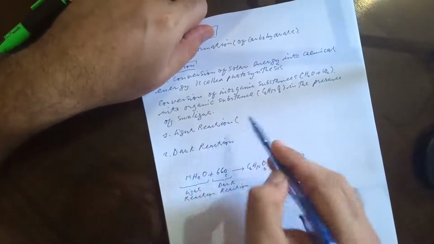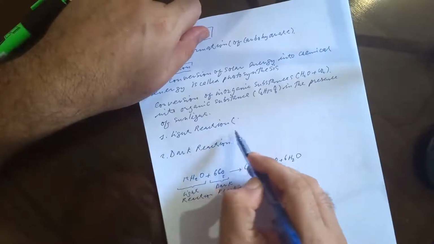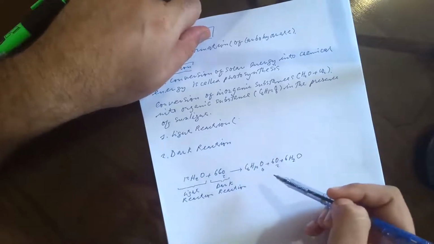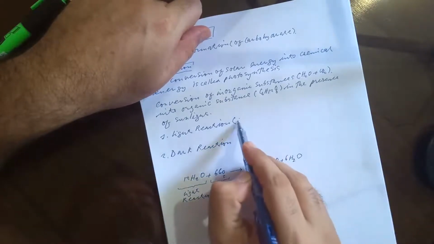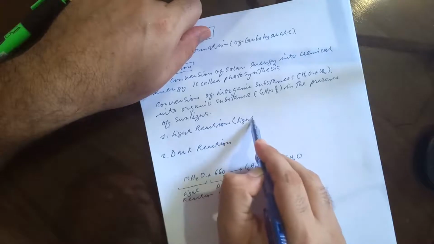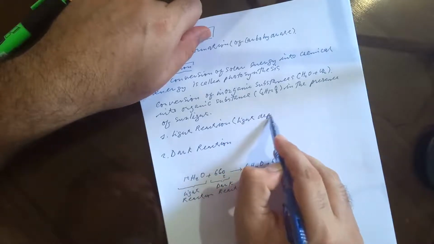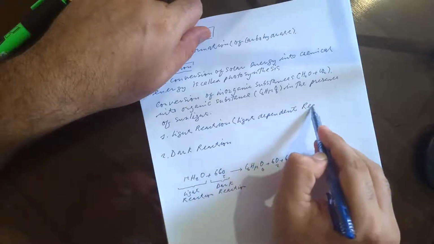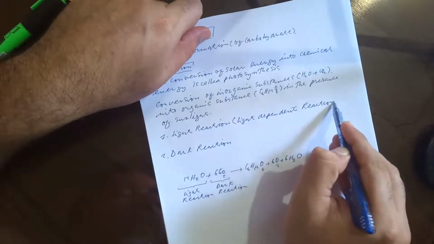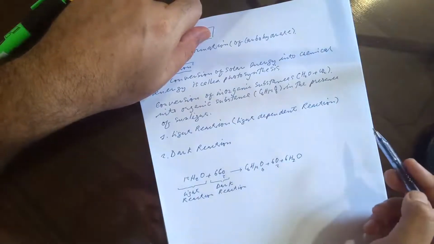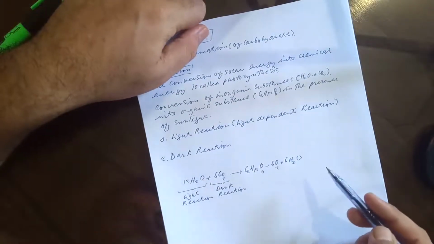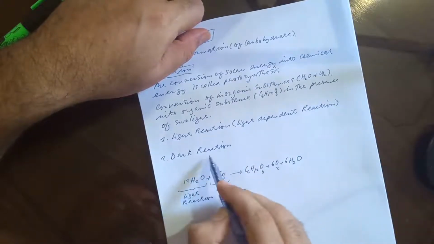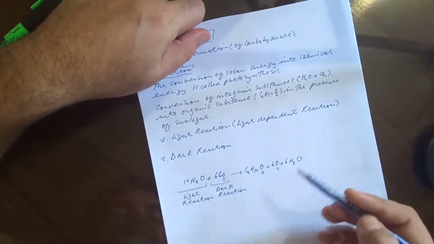Since light is necessarily a factor for the light reaction to proceed, this reaction is better called light dependent reaction. This gives me a sign that without light, the reaction is not going to take place. Dark reaction is not dark dependent reaction.